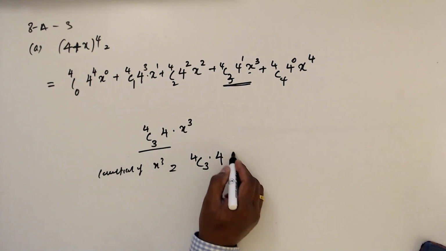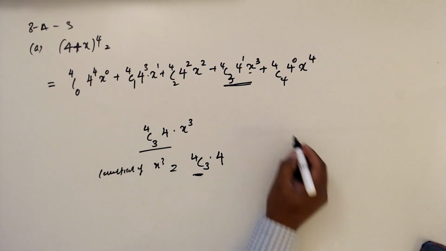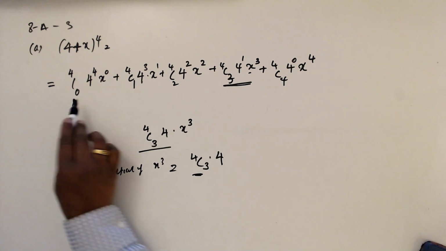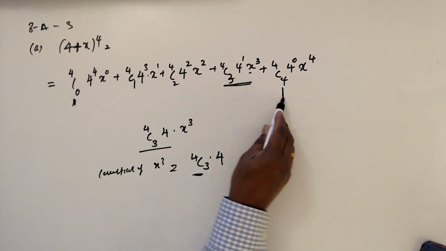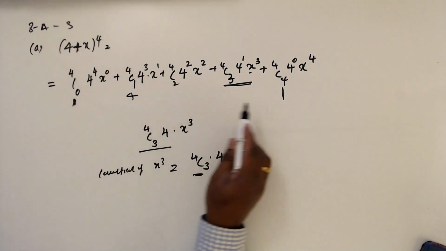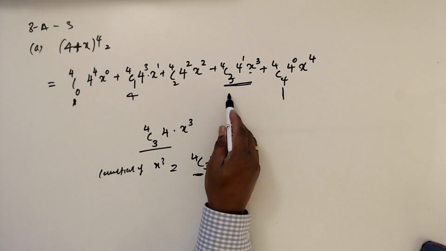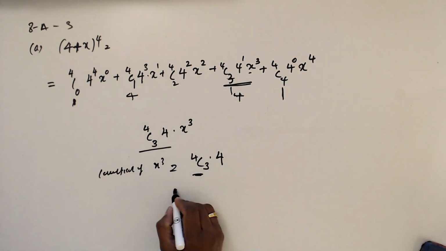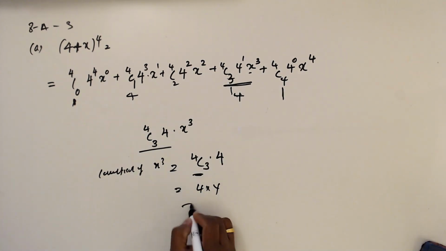Now we want to find 4C3. The coefficients are symmetric: this is 1, this is also 1, the second one matches the one before last, and this value is 4. So 4 times 4 is 16.